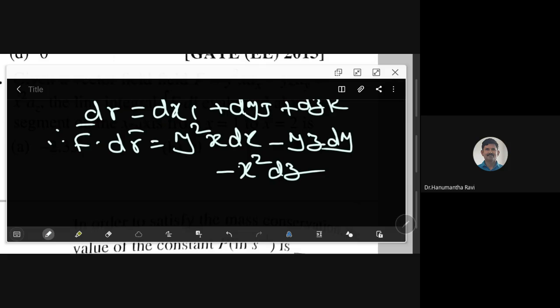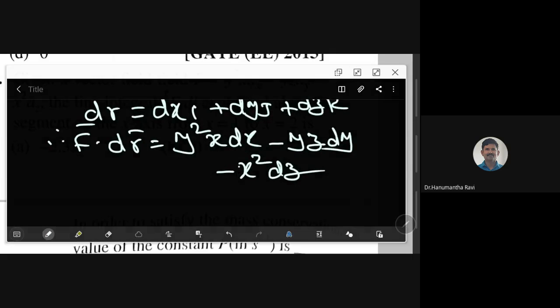We are doing the integration along the line on the x-axis from x equal to 1 to x equal to 2.